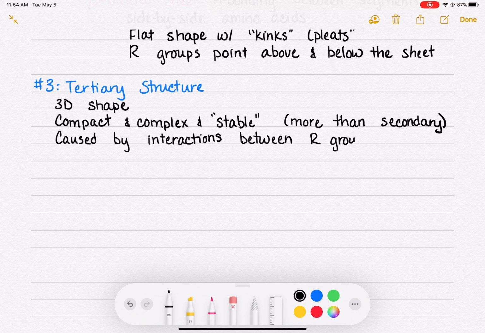And because there are all different kinds of R groups, we have the acidic, we have the basic, we have the polar, we have the non-polar, caused by interaction between the R groups of amino acids. There's a whole bunch of different types of interactions that could arise.